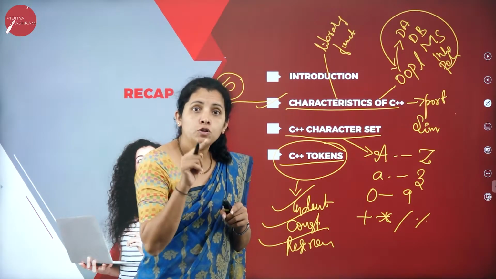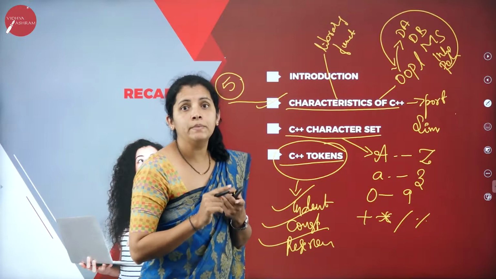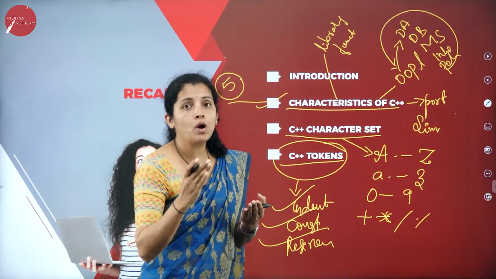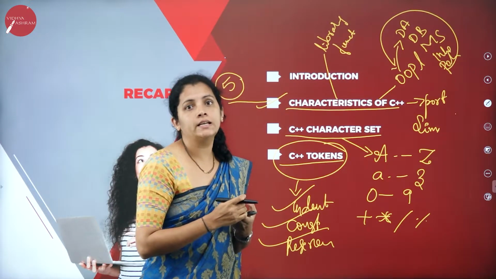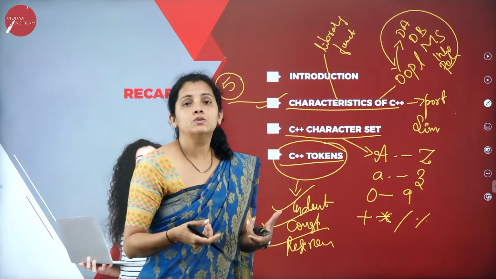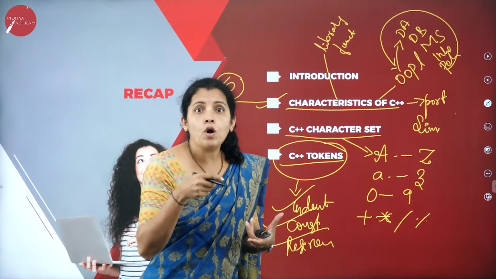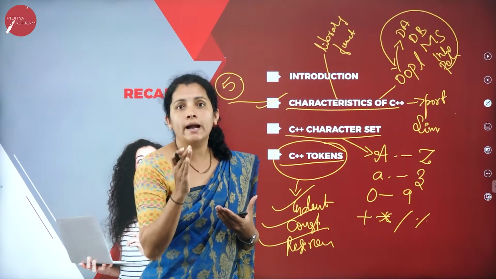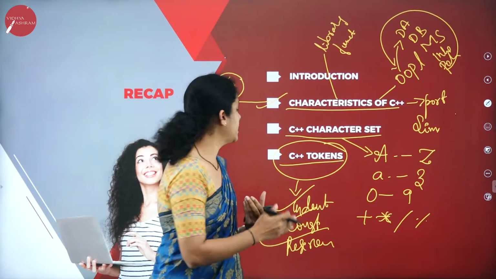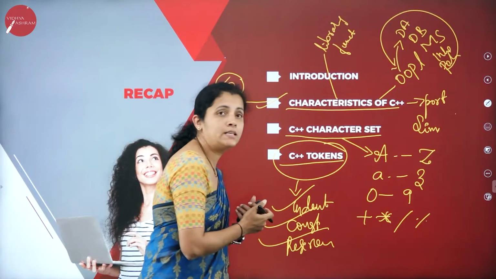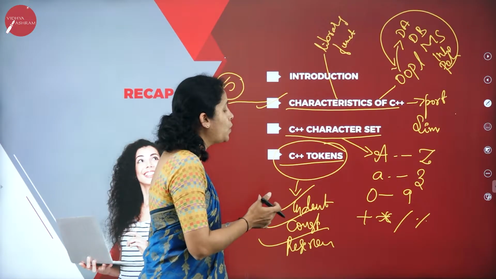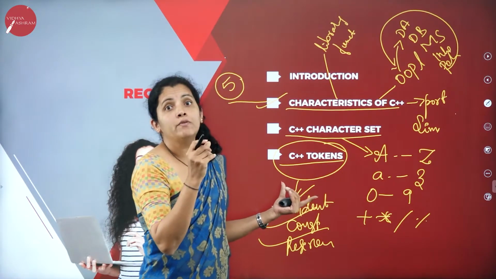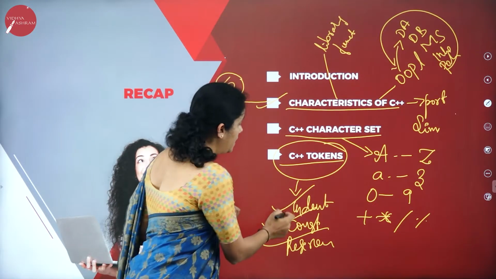Similarly, you can also identify me by the subject I teach, that is computer science. Similarly, in C++ programming language, an identifier is nothing but the name given to the programming element.